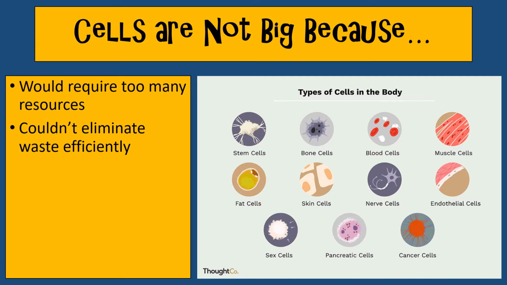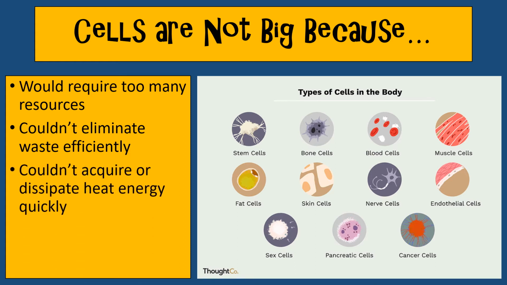They also couldn't give off heat or take in heat quickly. Sometimes cells do need to release heat energy very quickly, especially in the process of metabolism, and if you're too big, you can't do that efficiently.